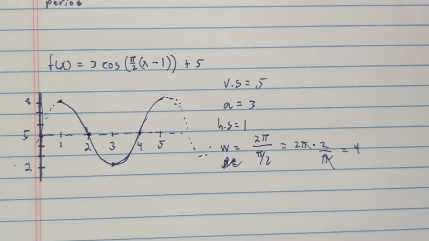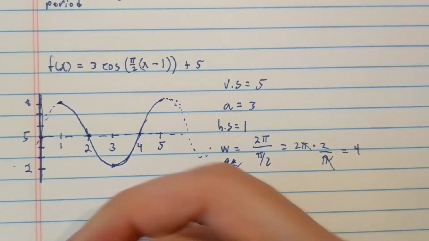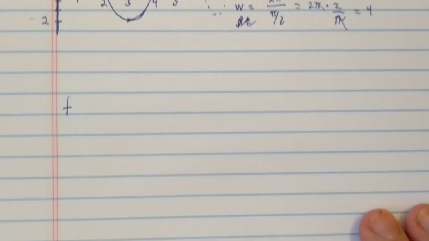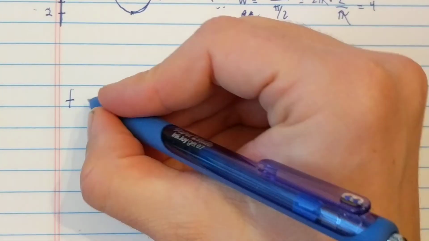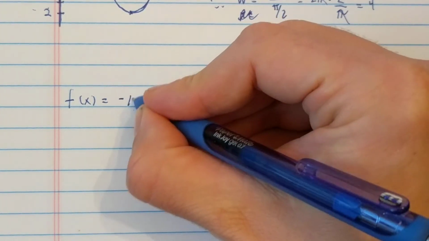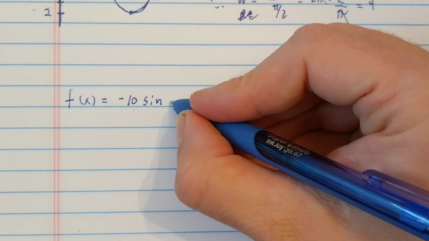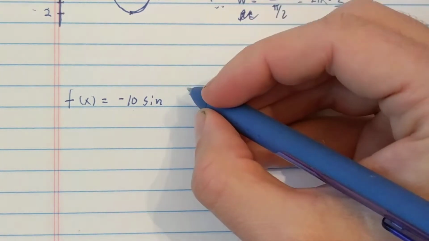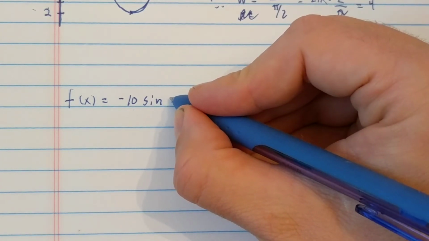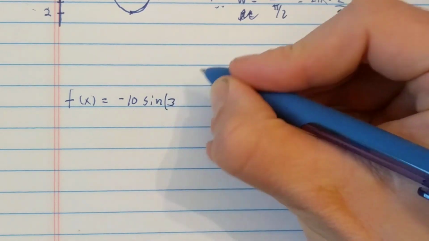Let's do another one. This one I'm going to actually not have a horizontal shift. And I'm going to use sine. So let's do f of x equaling negative 10 sine of, let's do 3.